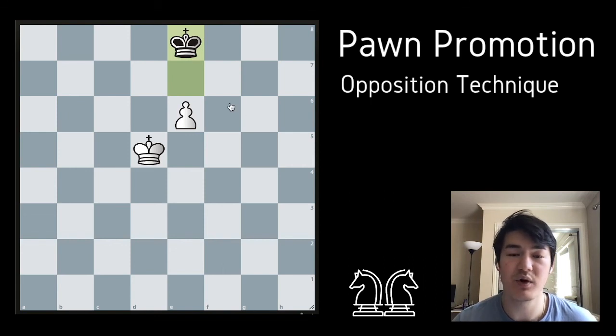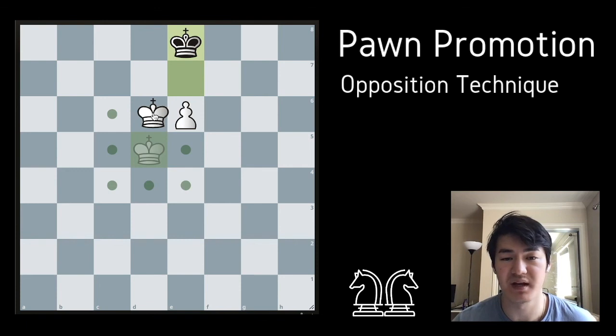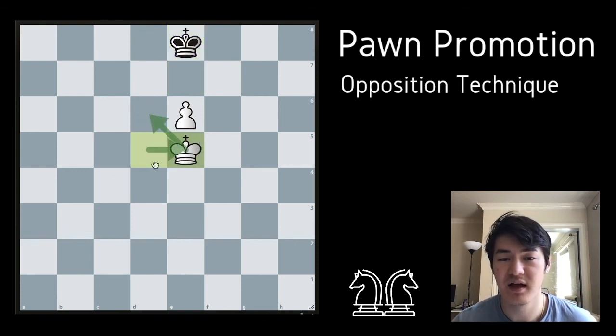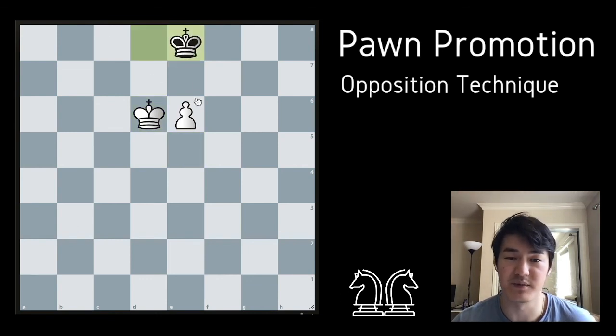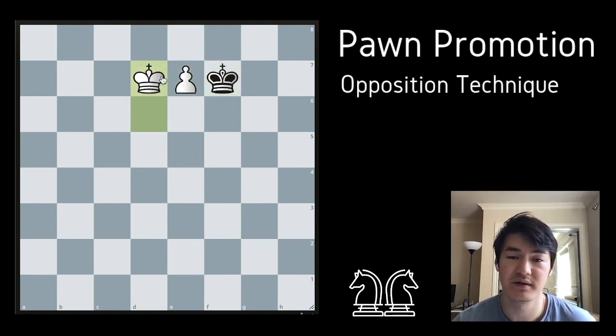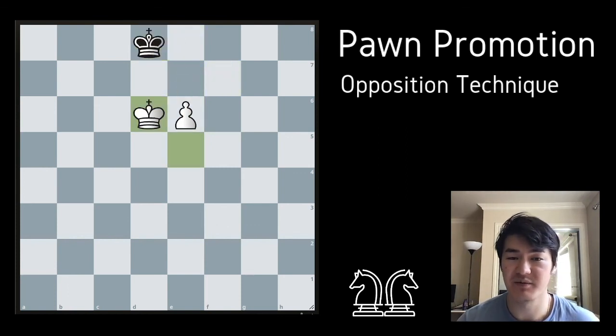You can, as white, try to win this by not bringing the king to d6 right away. You can actually make a maneuver with the king this way, and if the black king goes towards the sides, to d8 or f8, then we are now going to be winning, because we are now actually the one who takes the opposition. But again, black can't prevent this.